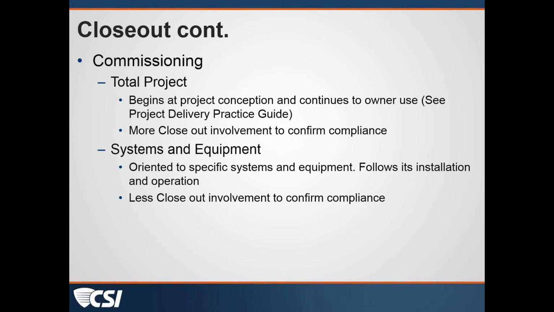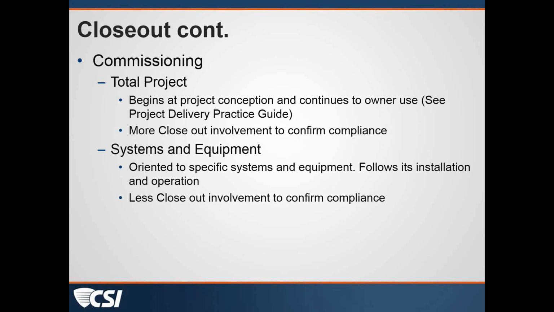There you go. Well, that leads us into the next piece, commissioning, and we separate those into two types. One, total project commissioning, and the other, systems and equipment commissioning. In total project, this would begin when the project is conceived, and the team member for commissioning is a part of the project through design, through completion, and the putting of the building into service.